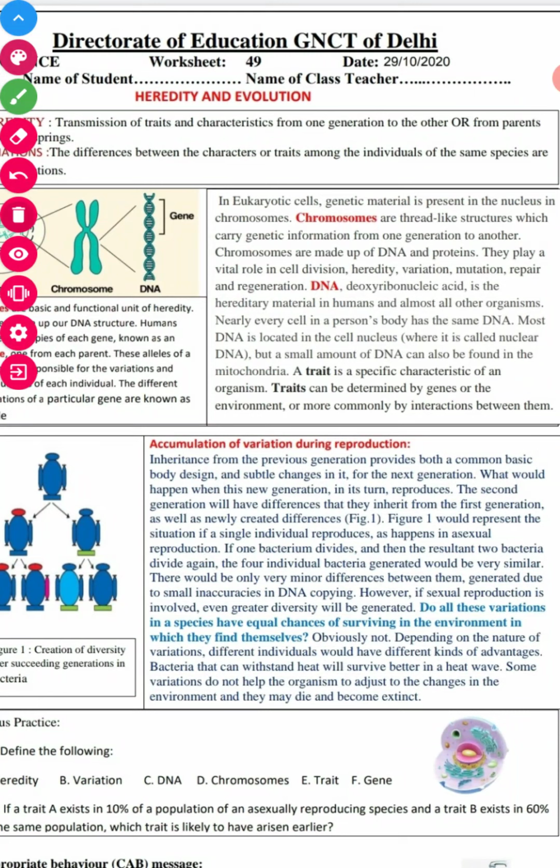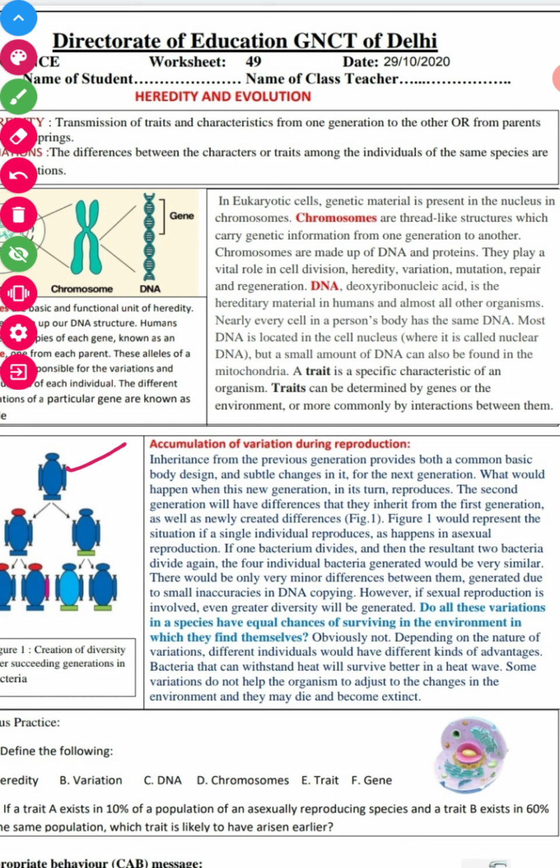Figure 1, see, they have given you this figure. Figure 1 would represent the situation in a single individual, right? Reproduction happens by asexual reproduction.